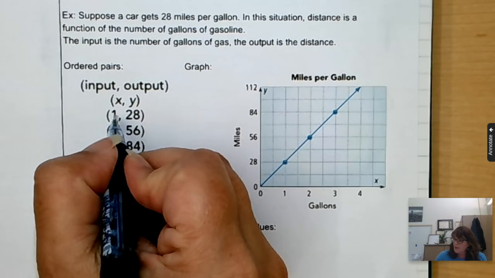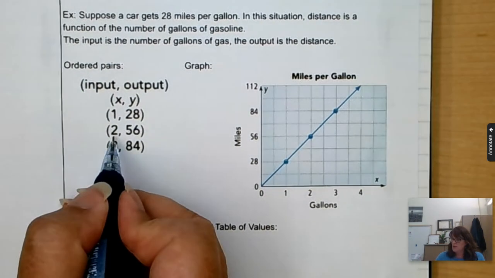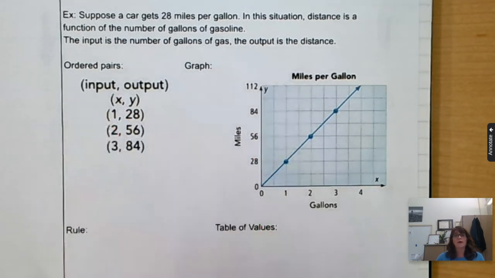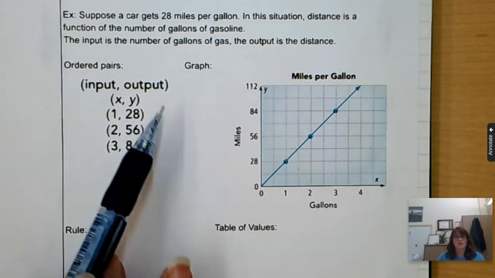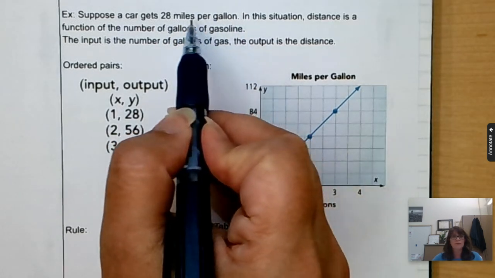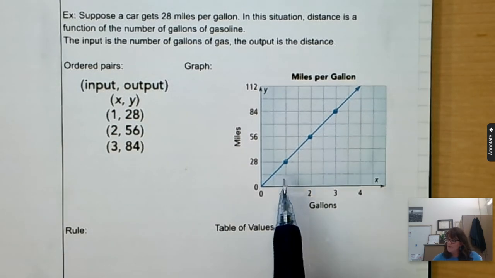So if I put in 1 gallon of gas, he's going to get to go 28 miles. 2 gallons, 56. 3 gallons, 84, and so on. We were given these ordered pairs. We were given really the rule, but we haven't written anything out with it yet. We are given the graph.